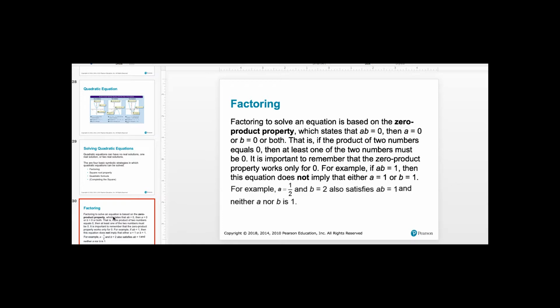If you're going to factor to solve a quadratic, it's worth noting because we need something called the zero product rule, or the zero product property. Basically, if we look at this piece here, it says A times B equals 0.